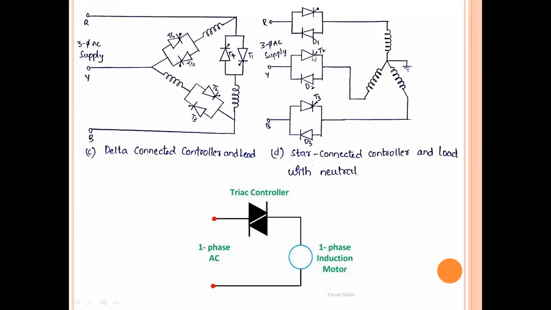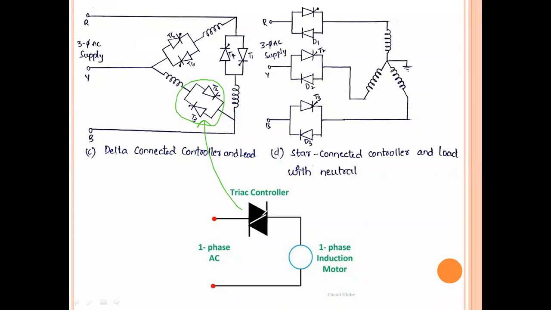Each thyristor pair is connected in anti-parallel, you can see here the anti-parallel connection of thyristors. If we want to use a triac, simply this anti-parallel connection of thyristors can be replaced by a triac switch like this, because a triac switch represents the anti-parallel connection of two thyristors.